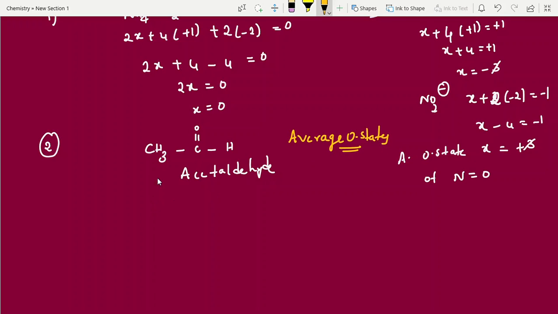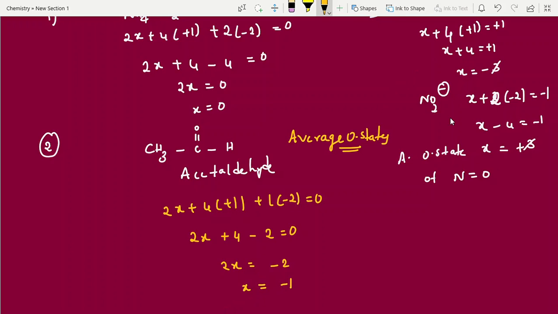Can you try, students? 2x plus, totally 4 hydrogens, 4 into plus 1, and plus 1 oxygen into minus 2 equals 0. So 2x plus 4 minus 2 equals 0, 2x equals minus 2, x equals minus 1.